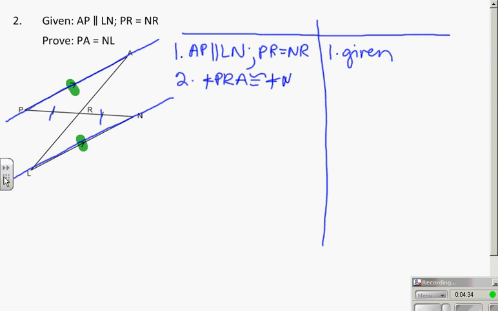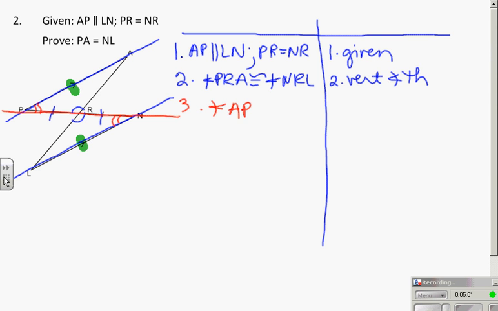Angle PRA is congruent to angle NRL by the vertical angle theorem. Now with an angle and a side, I'm looking for either angle, angle, side, or angle, side, angle. When I use my parallel lines, and if I use this as my transversal, I can see that I have alternate interior angles right there.